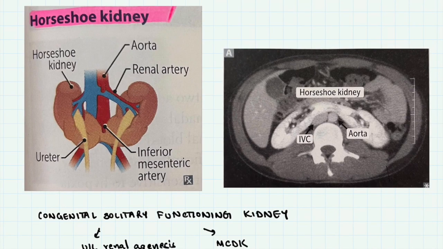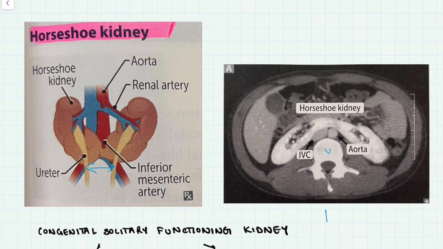The next congenital anomaly is the horseshoe kidney, right? So here what happens is that there is fusion of the inferior poles of the kidney. Looking at the CT image, this is the vertebra, so this would be posterior, anterior, right? This is the liver, and here is the IVC, and this is the aorta.